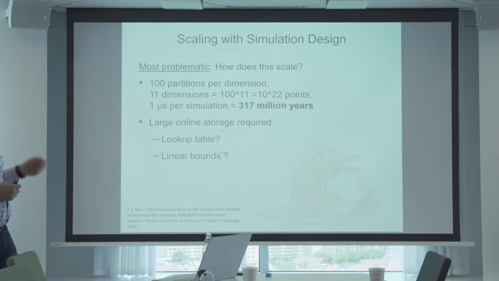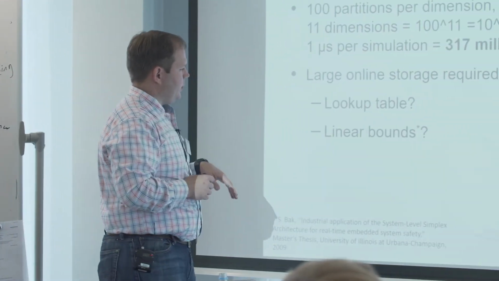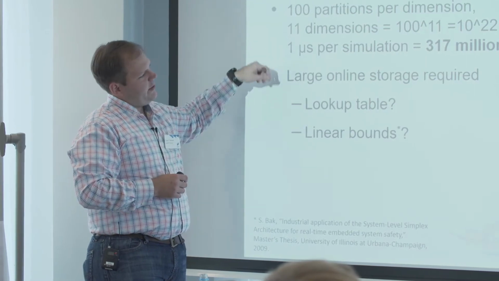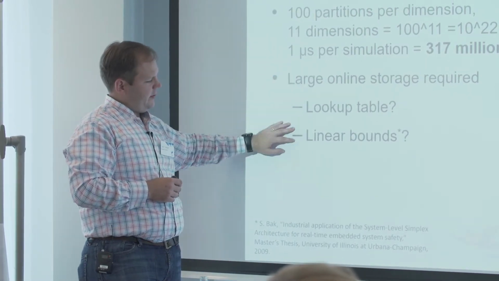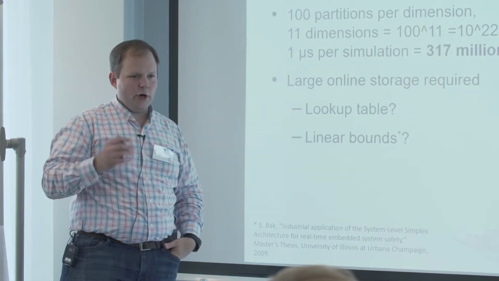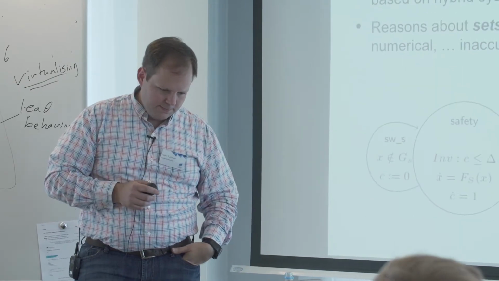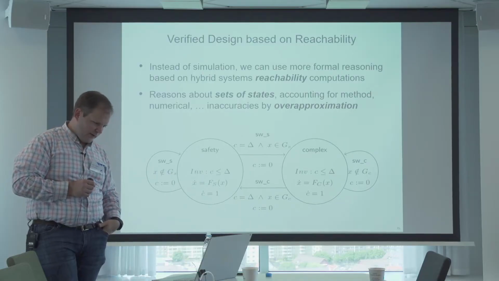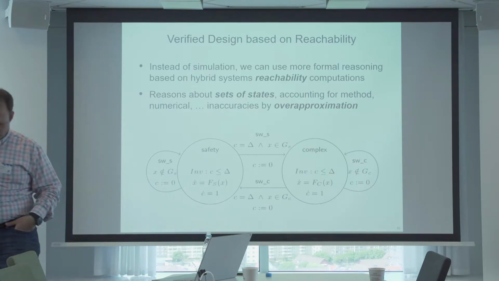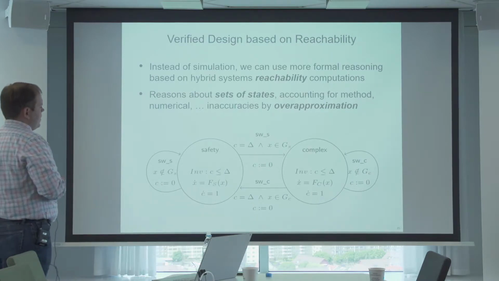And the assumption here is that each simulation takes a microsecond to run, which may not be reasonable. If we were to save all of those safe points and then try to use this online with a lookup table, we'd run out of memory, right? We wouldn't be able to do this. So instead of simulating points and checking if these points are safe, we will compute reach sets at runtime.